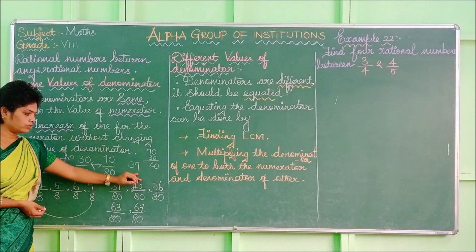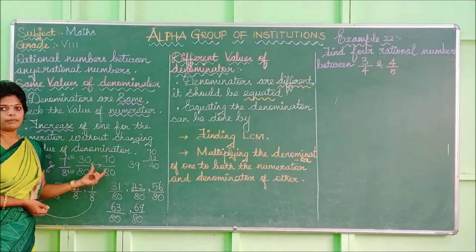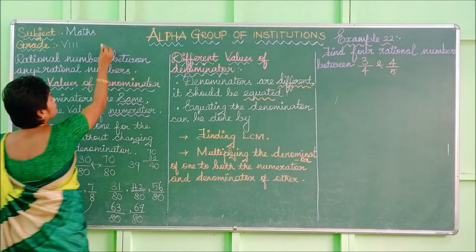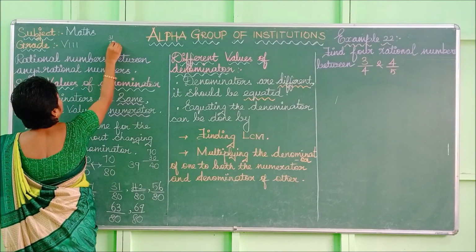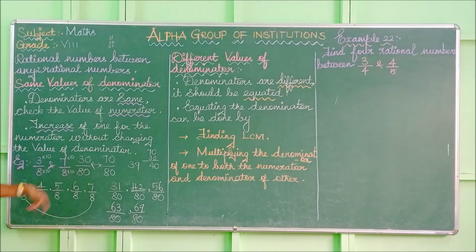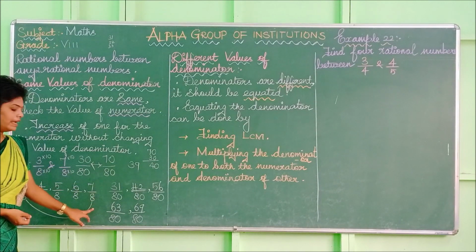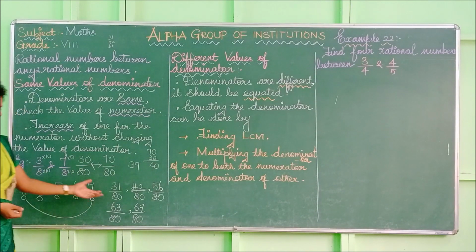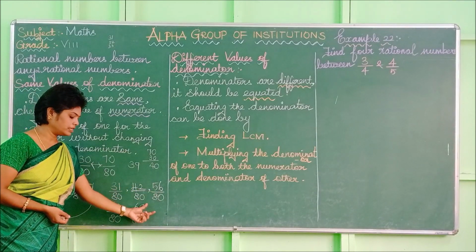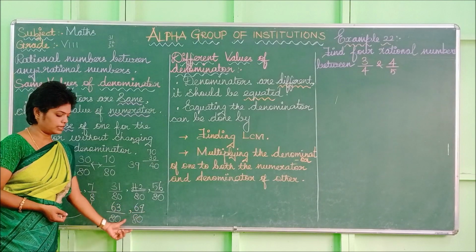That's why I told you there are 39 rational numbers between these two rational numbers. You can check 31, 32, 33, like this; if you arrange them, you can get 39 values. I have taken only 5 values from that and written them here: 31 by 80, 42 by 80, 56 by 80, 63 by 80, 69 by 80.